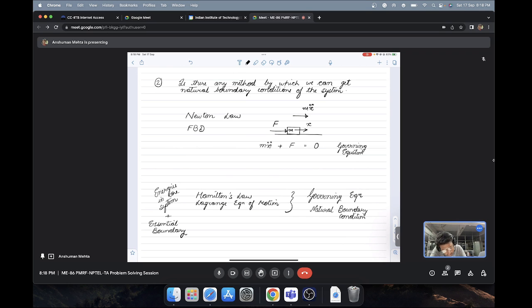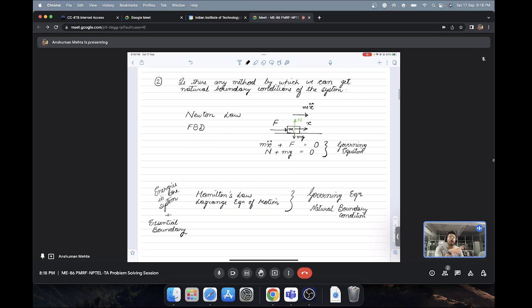In natural boundary condition, we can see this as there will be normal and here will be mg. So this is also a governing equation, but this can also be a natural boundary condition.